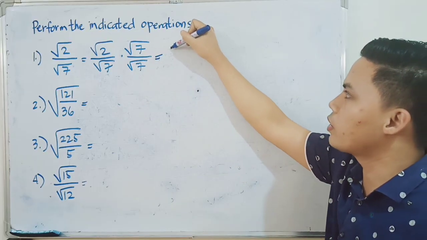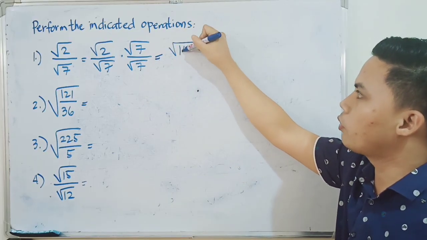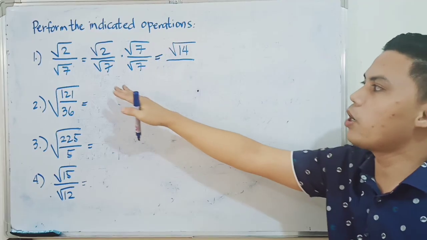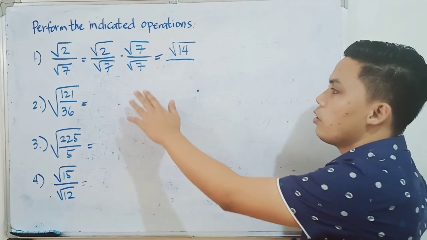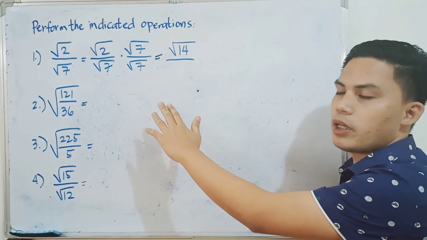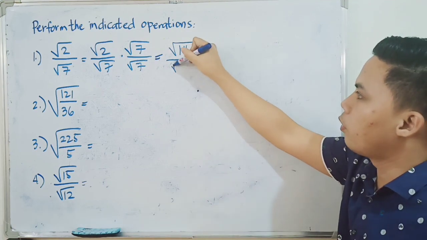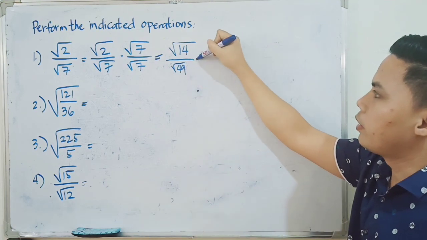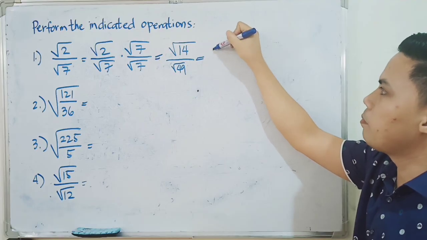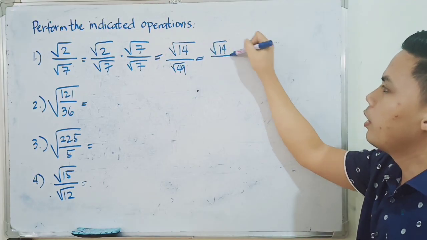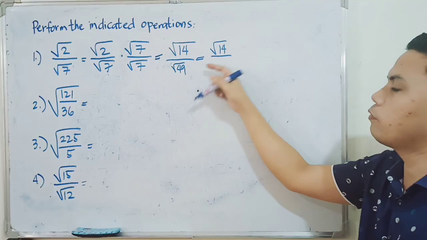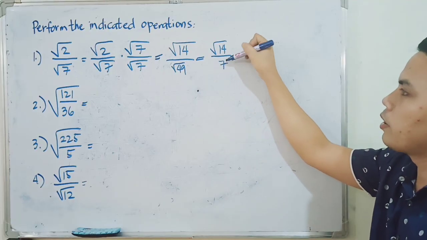So multiply natin siya directly. We will have square root of 14. Now how about sa denominator? Square root of 7 times square root of 7. We have square root of 49. Then, pwede pa natin masimplify yung denominator natin kasi perfect square na siya. So square root of 49, we will have 7.